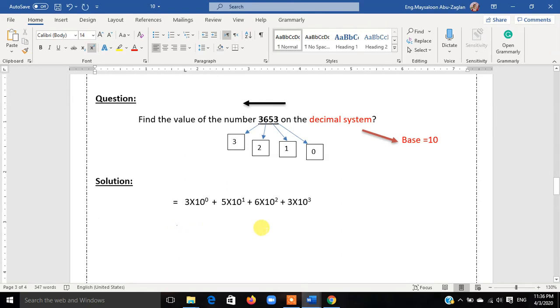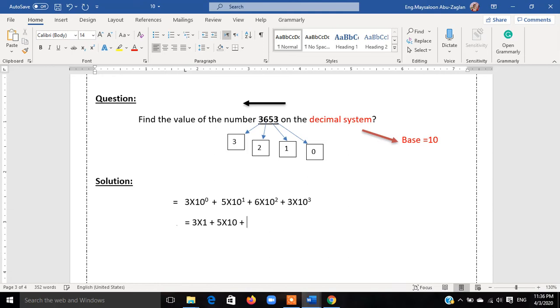So we are going to have now 3 multiplied by 1, plus 5 multiplied by 10. Why? Because any number powered by 1, the result will be the base.